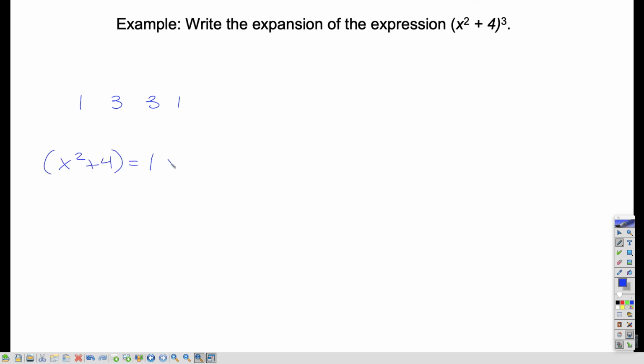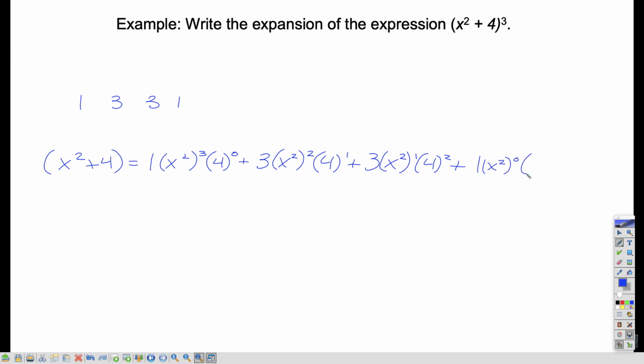It's going to be 1 times x squared to the third, times 4 to the 0, plus 3 times x squared to the second, times 4 to the first, plus 3 times x squared to the first, times 4 to the second, plus 1 times 4 to the third.